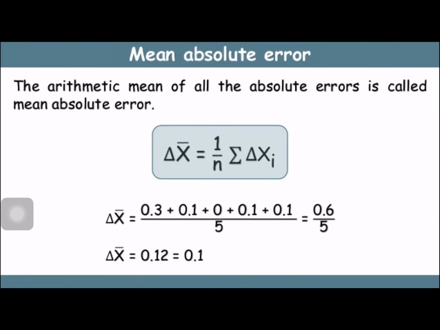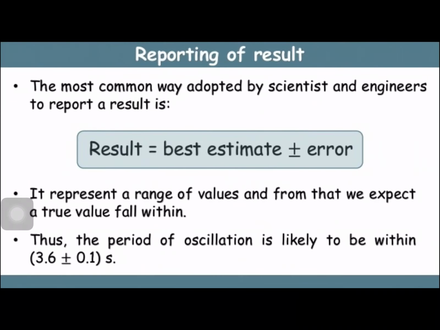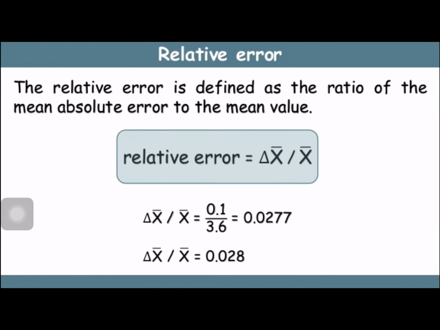So you get 0.1. This is the mean absolute error. And then the report. How do you give the report? The report must be in the form of best estimate plus or minus error. For example, the period of the simple pendulum is likely to be within 3.6 plus or minus 0.1 second. So this is the way you have to give the report.